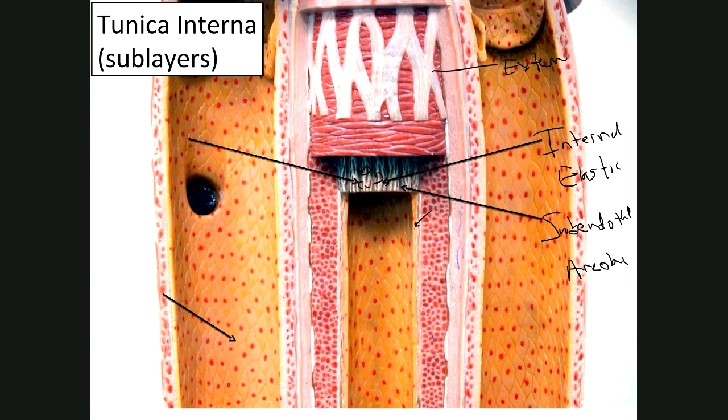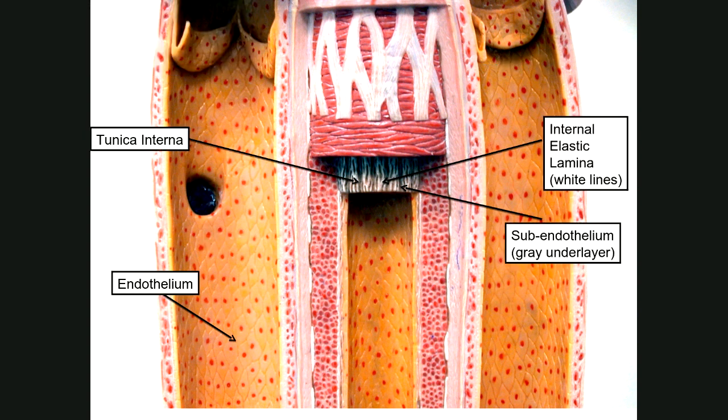This is that simple squamous epithelium, and it's called the endothelium. So there are 3 sublayers of the tunica interna, and you can see them here. Any questions about that?